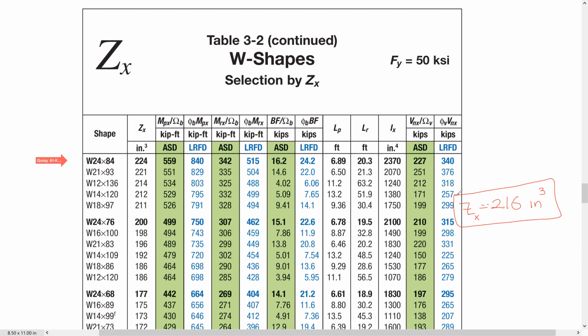So that's what we need, something greater than or equal to this much. If you see here, let's go here. So we can go with this one here, we can go with this one here, and let's go with this one here as it's selected in the textbook. So it's wide flange W24x84, and Zx is equal here to 224, and these values we will use later, guys.